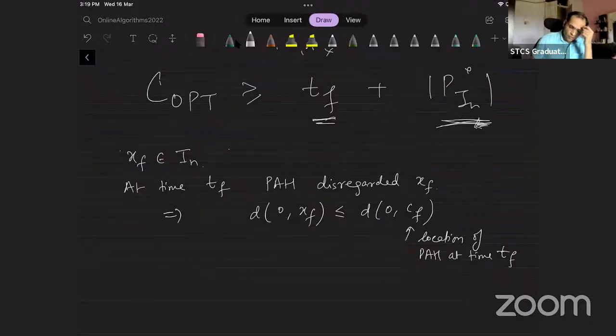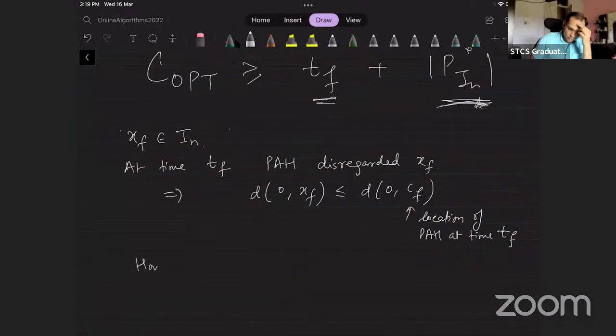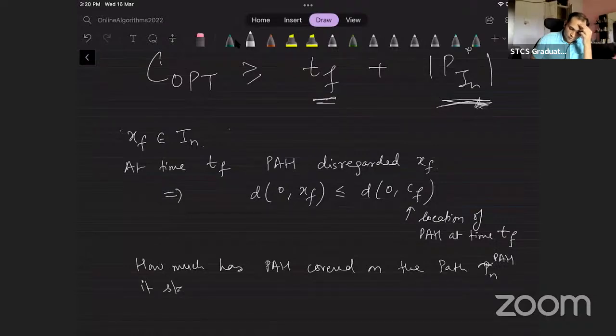Okay. Now what can you tell me about how much PAH has covered on the path, sorry, on the path it started since the last time it reached the origin?